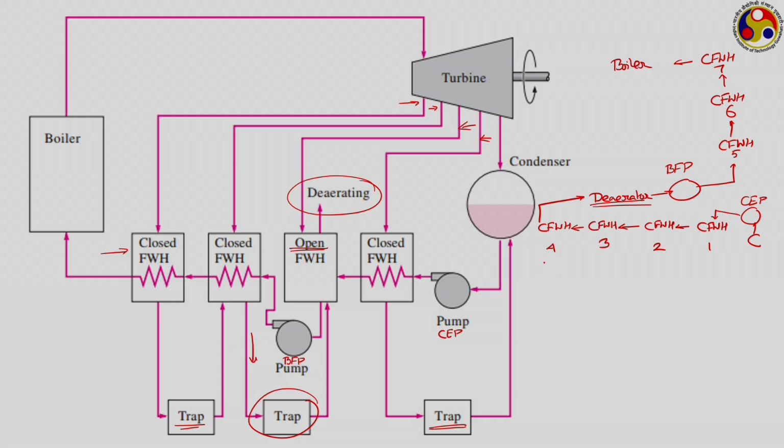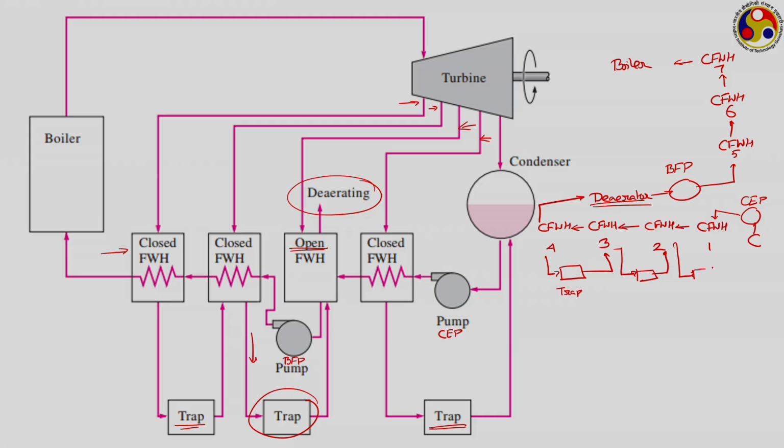Like the condensate formed in the closed feed water heater number 4, using a trap, is fed back to the third one, where it gets mixed with the condensate formed here. Which is again via a trap fed back to the second one, where it gets mixed with the condensate formed by the bled steam coming directly to this second feed water heater.